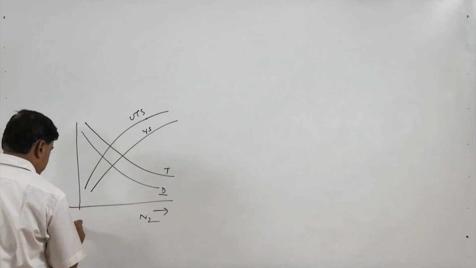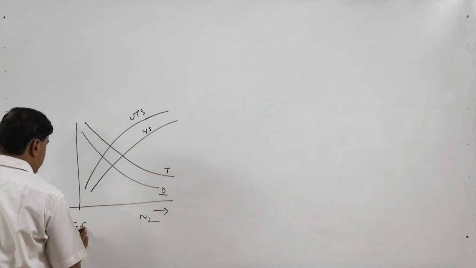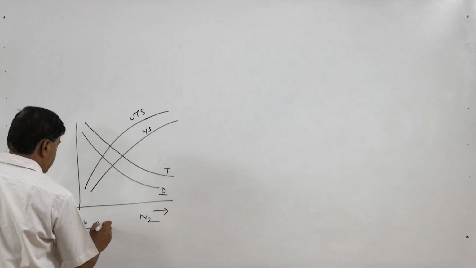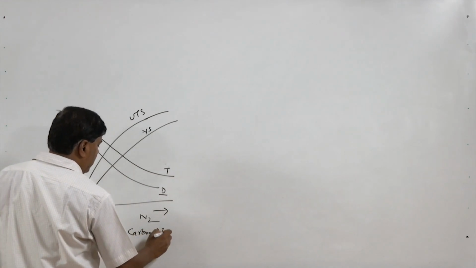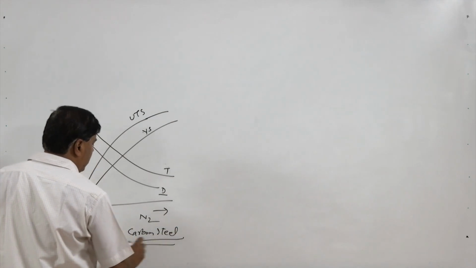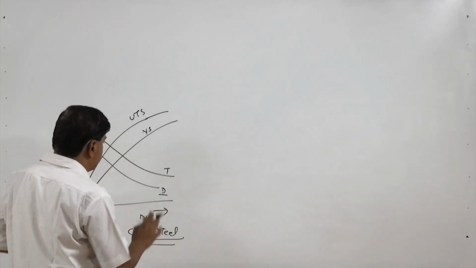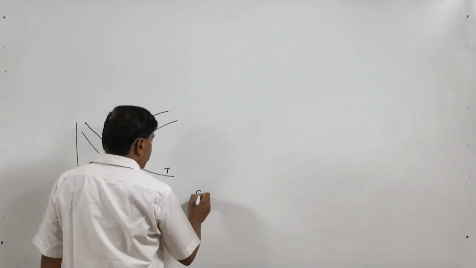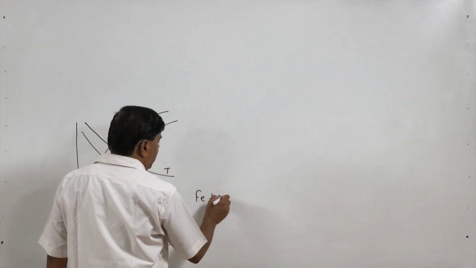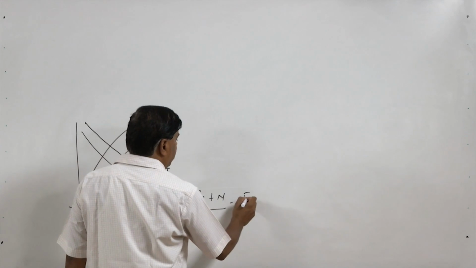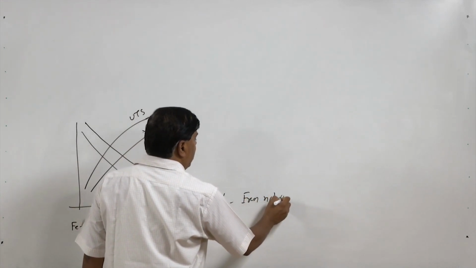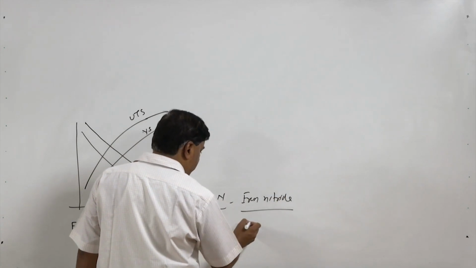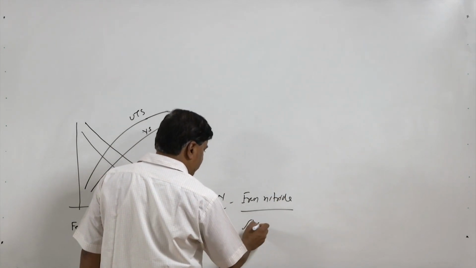This is true for the iron carbon systems, especially in the case of carbon steels, and this variation is attributed to the interaction between iron and nitrogen leading to the formation of iron nitride, and this iron nitride appears in the form of needles.